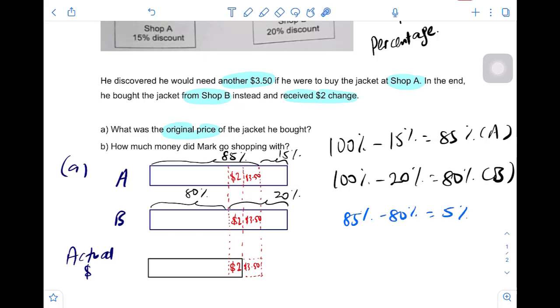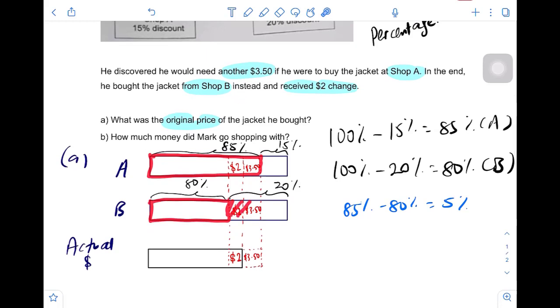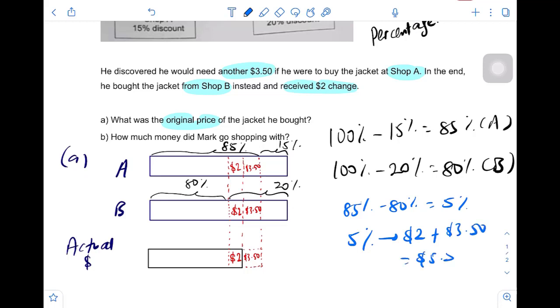Now what's the value of 5%? So again, look at this red box here. This is 85%. This is 80%. So when we do a subtraction, we will get this section here, which is 5%, which is $2 plus $3.50. So 5% is $2 plus $3.50, which is $5.50.